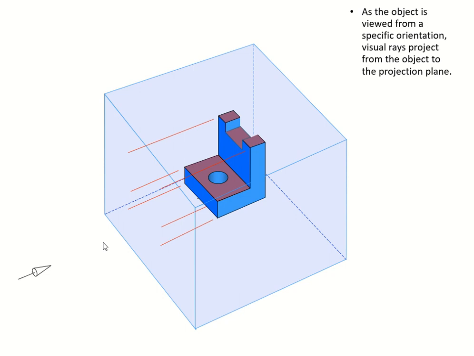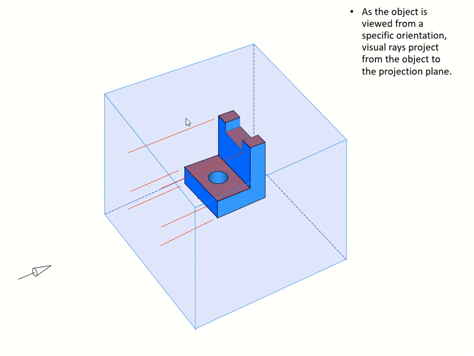So your rays, of course, project from the object to the plane. Here I'm going to take this side as your projection plane, and the rays are going to come out of this object onto this plane.